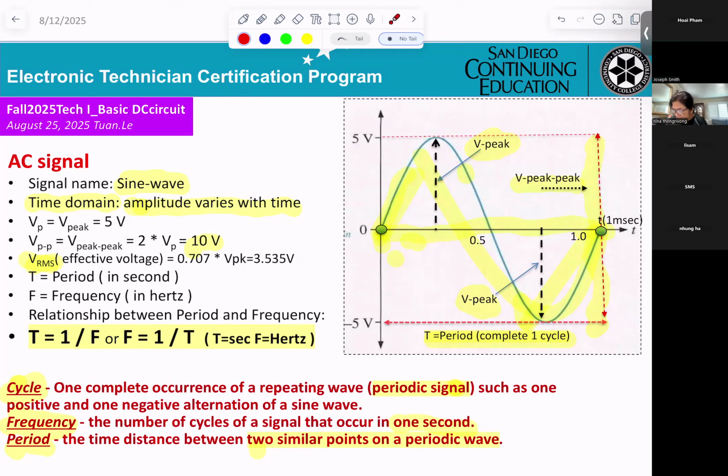However, in this formula, T equals 1 over F or F equals 1 over T, T must be in seconds. F will be in hertz. And this is the definition we just gave to you. Try to read it. Okay? The thing that you have to know from the basics.